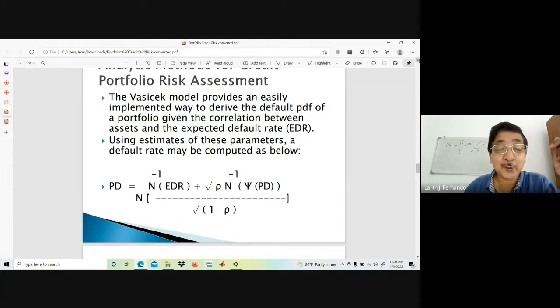So therefore, I think you need to make an attempt to understand this, and this can be helpful for our analysis. That is what I need to tell you. This is very much helpful in our analysis, especially the portfolio analysis.